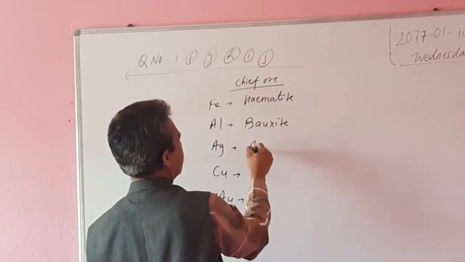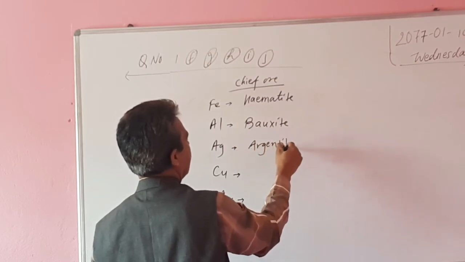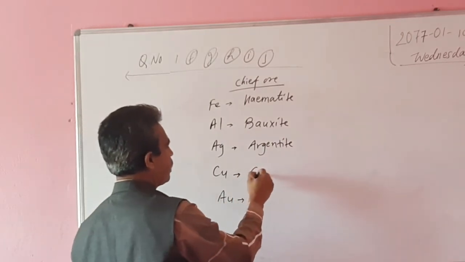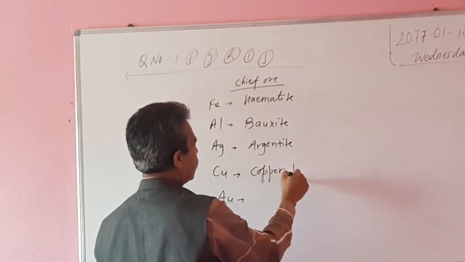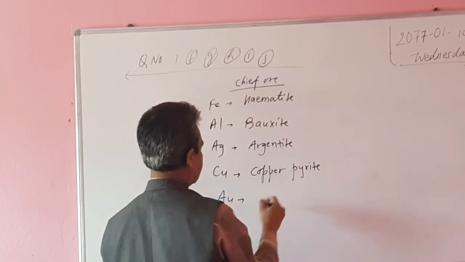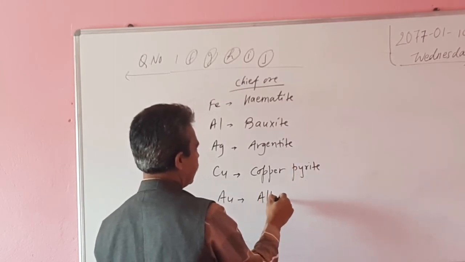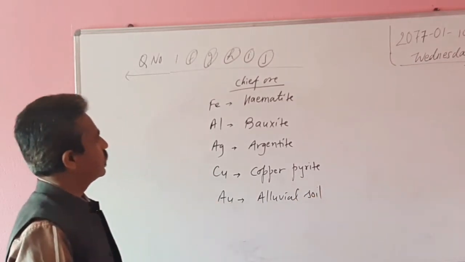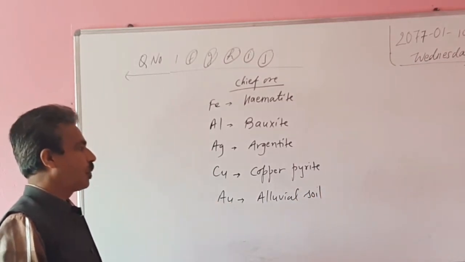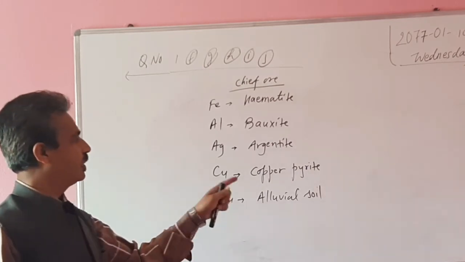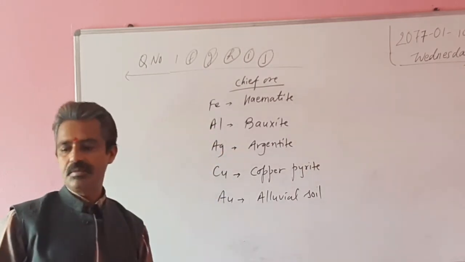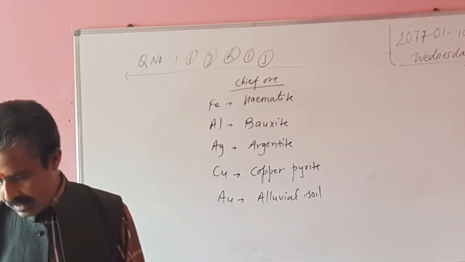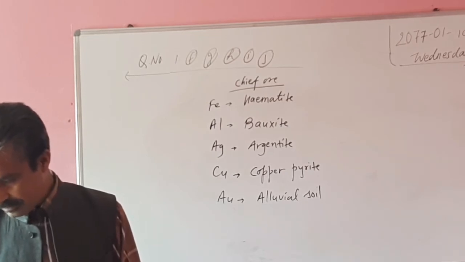Silver, argentite. Copper, copper pyrite. And gold, alluvial. Sorry. Hematite, bauxite, argentite, copper pyrite. And gold, alluvial. So sometimes such a question can be asked, right? The main ores of metals.